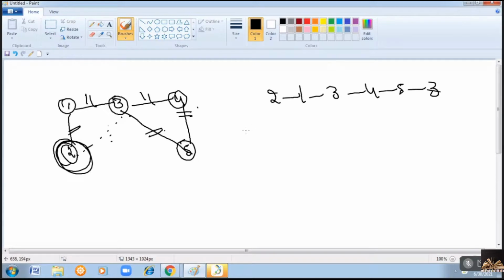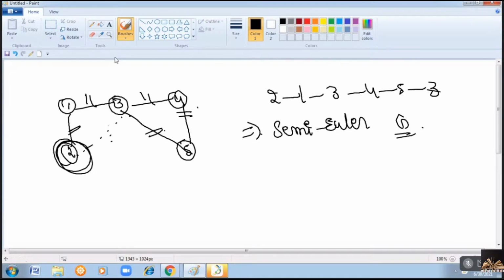So we'll say it is a semi-Euler graph, not exactly the Euler graph. Clear? For an Euler graph, this trail should end at the same vertex. For a semi-Euler graph, only the edges should be visited exactly once. That is the only condition.